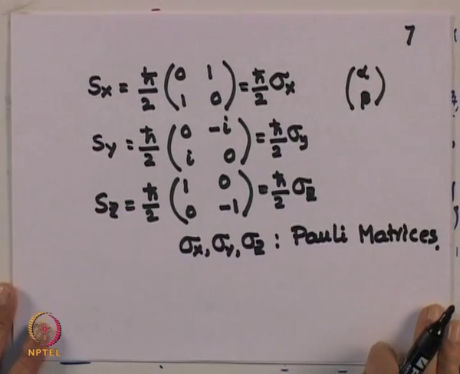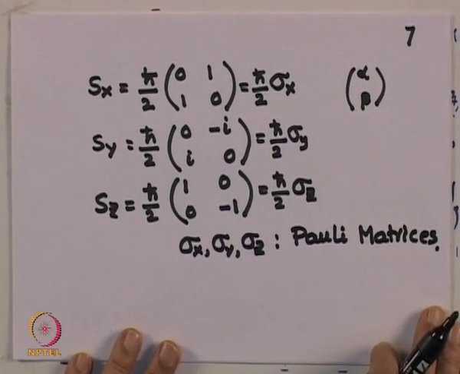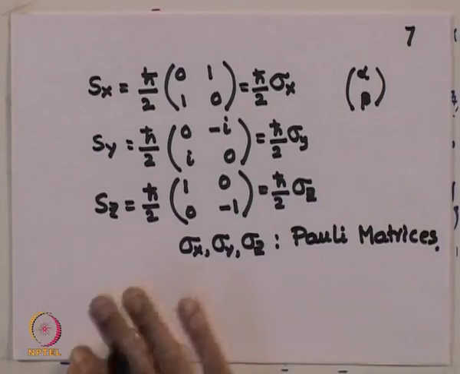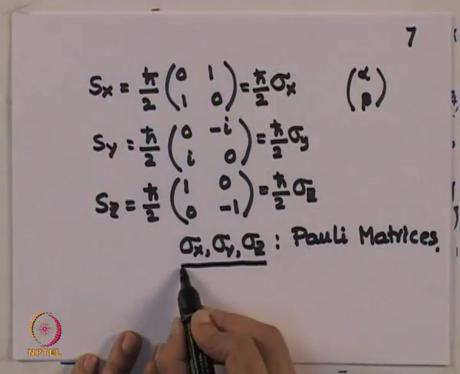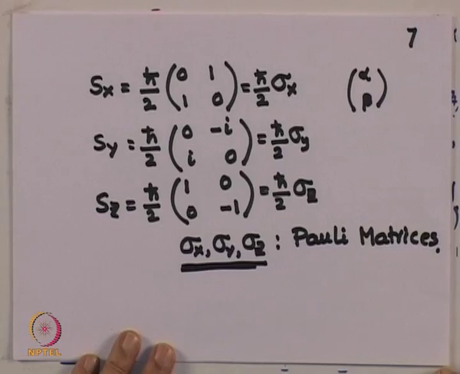The Pauli matrices have a very important role to play in deciding how spin vectors, the states, transform, and so therefore we would be dealing with it quite a bit.